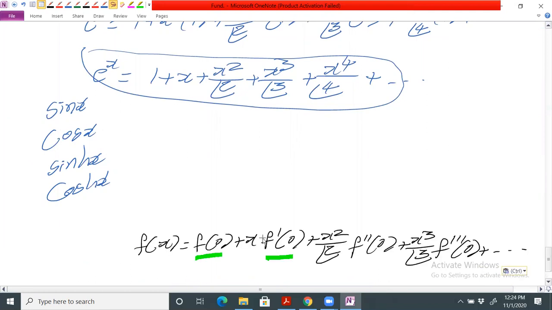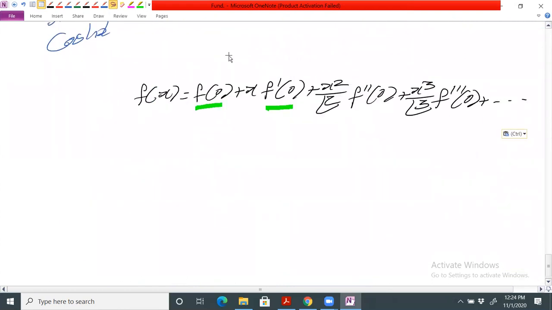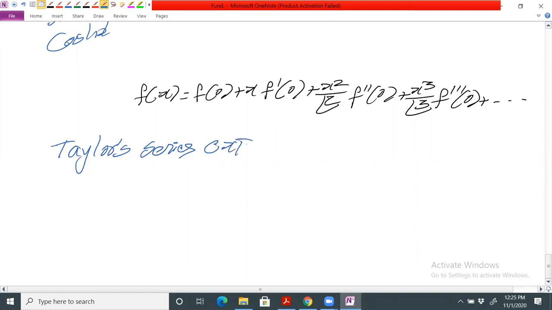For example, if we are getting these, they are the Maclaurin series expansion of f of x at x equals to 0, or we can mention it as the Taylor series expansion of f of x at x equals to 0. But they can ask, find the Taylor's series expansion at x equals to a.